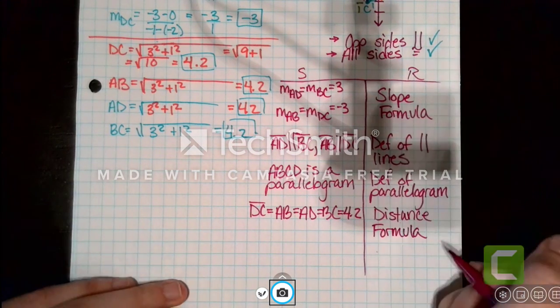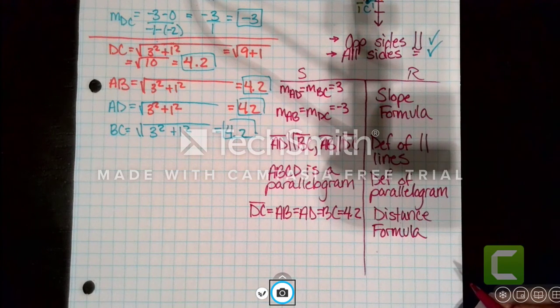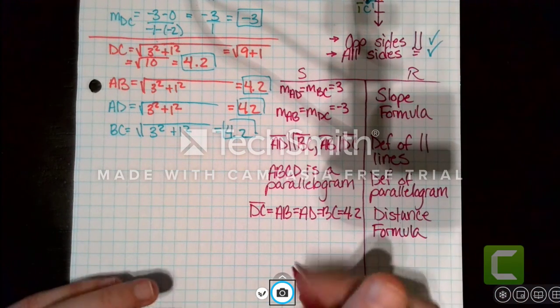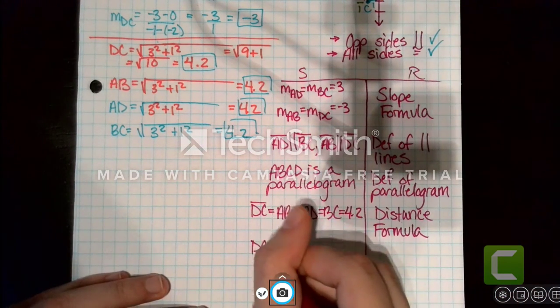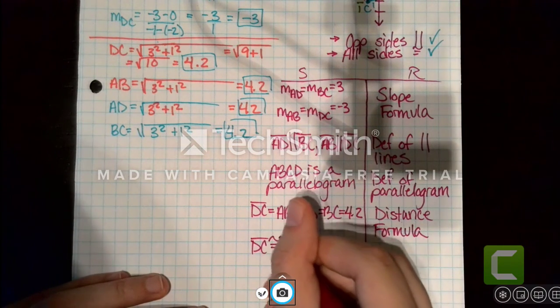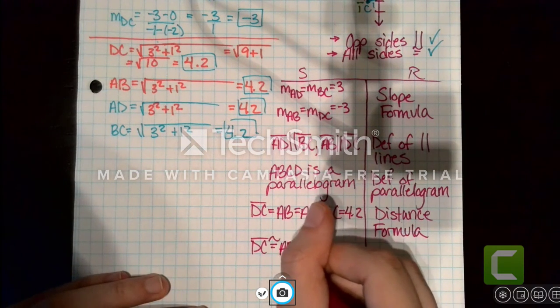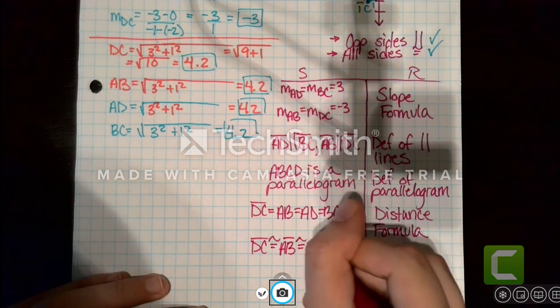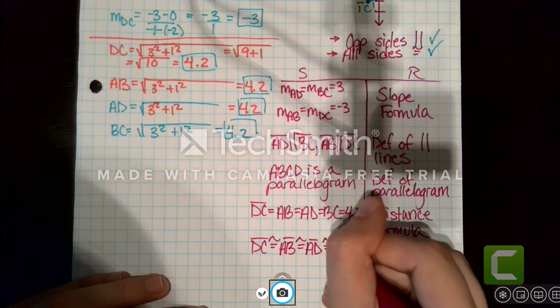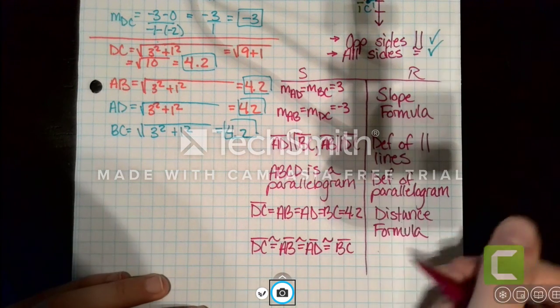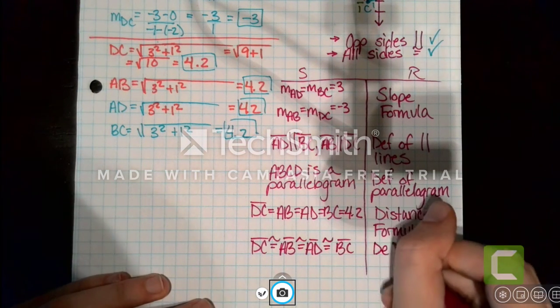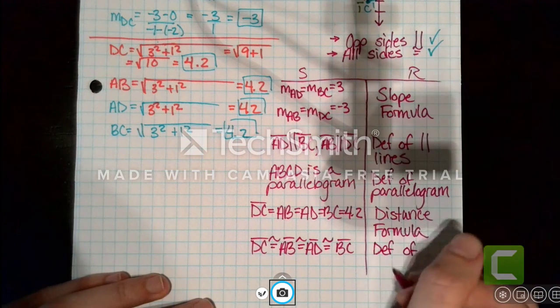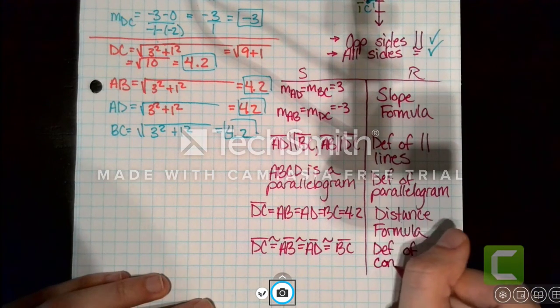And if we've just proven that all sides have equal measurements, then we have also just proven that side DC is congruent to side AB, which is congruent to side AD, which is congruent to side BC, by the definition of congruency.